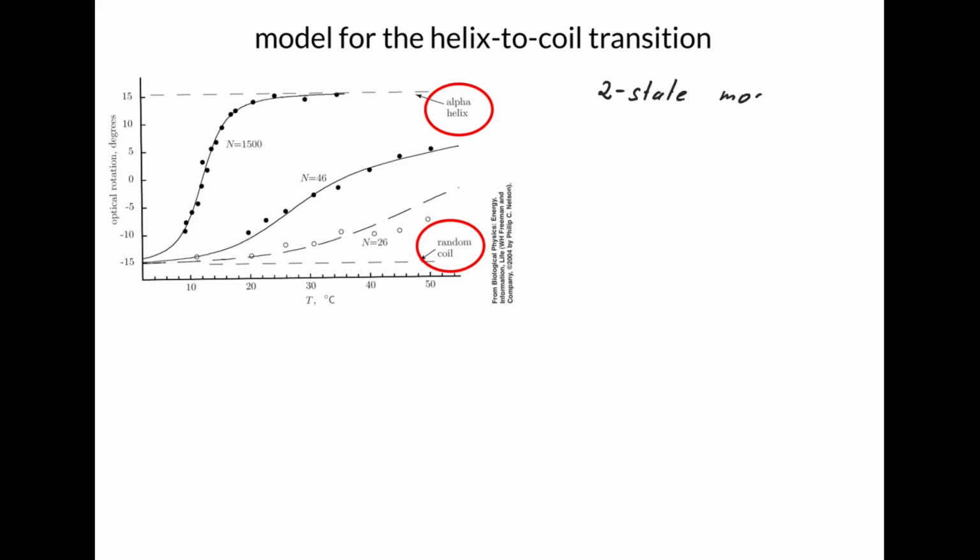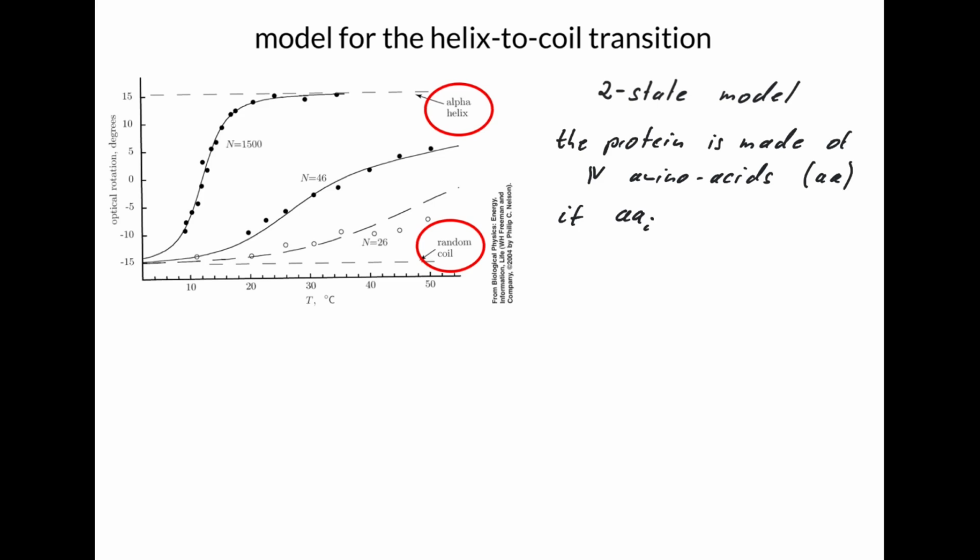Now let's make up a model that could explain these experimental results. And the model will include a two-state model, something that we saw already in last week's lecture. We assume that the protein is made up of n amino acids.